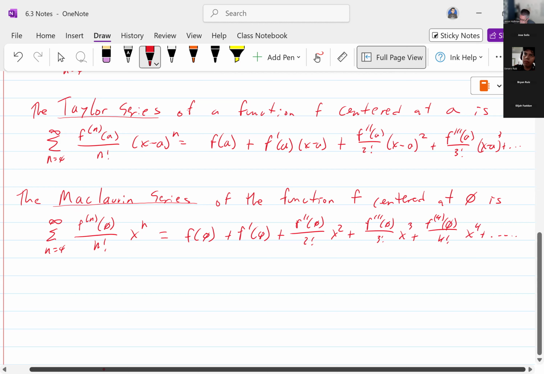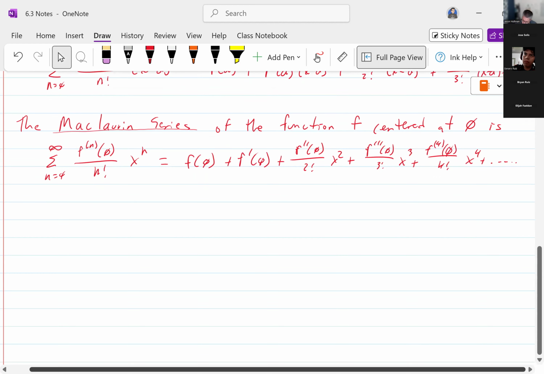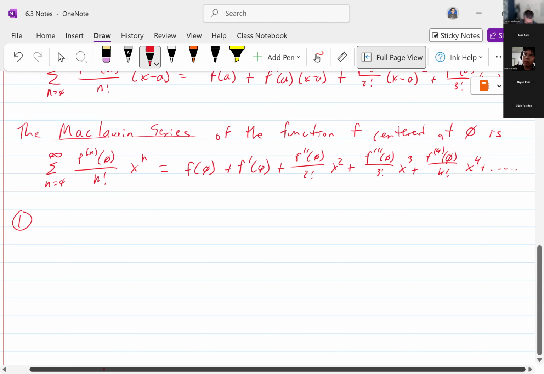And this goes on forever. Okay, that's the Maclaurin series. So I'd like to work with a Maclaurin series here as my first example.